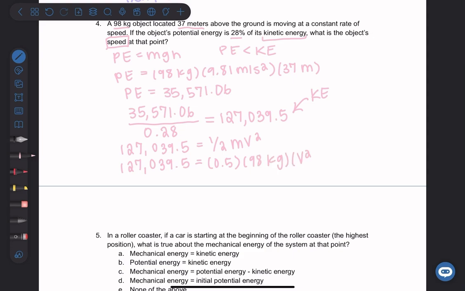So if you take 127,039.5 and divide it by 98 times 0.5, you should get 2,592.64. Now I find the square root to get rid of the squared. And you should get 50.92 meters per second.